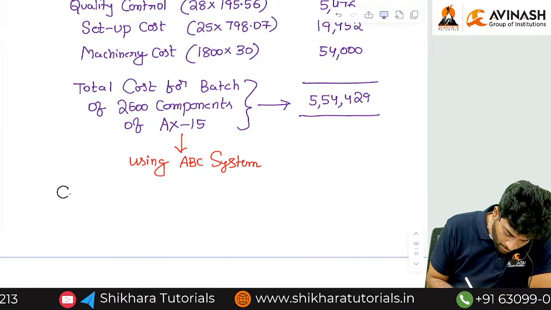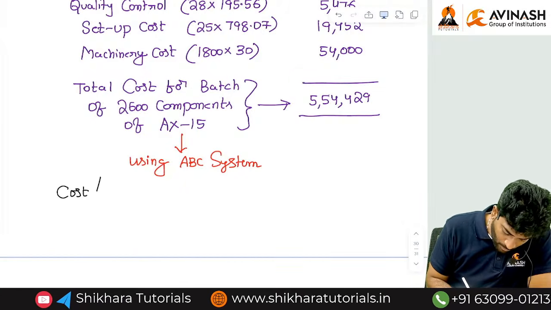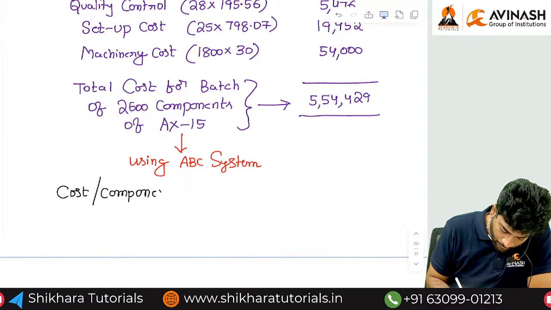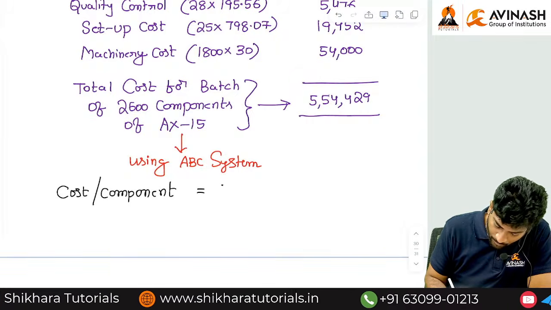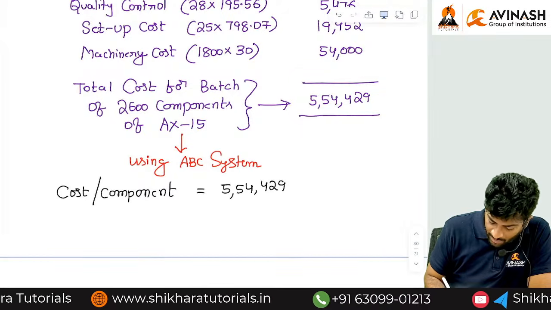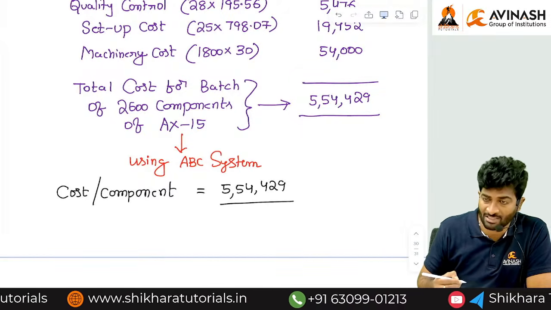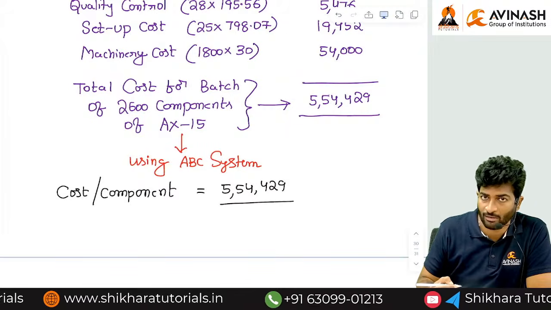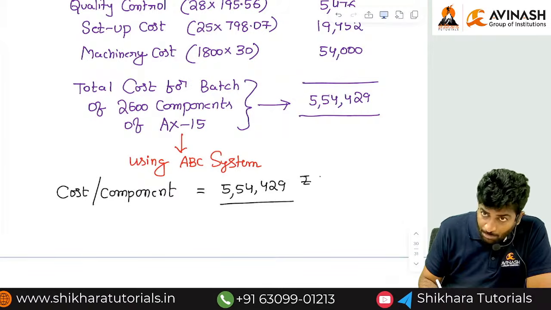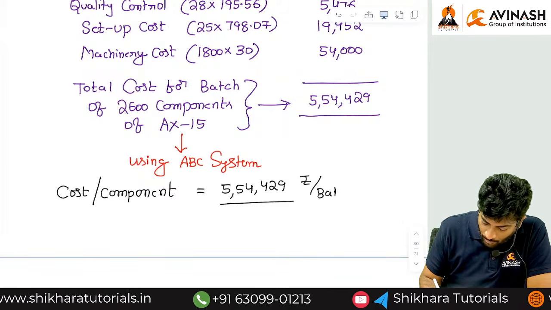Problem, one component divided by your batches. The cost for one batch, right? Again, why you are dividing means I'm going to say like this: rupees per batch.